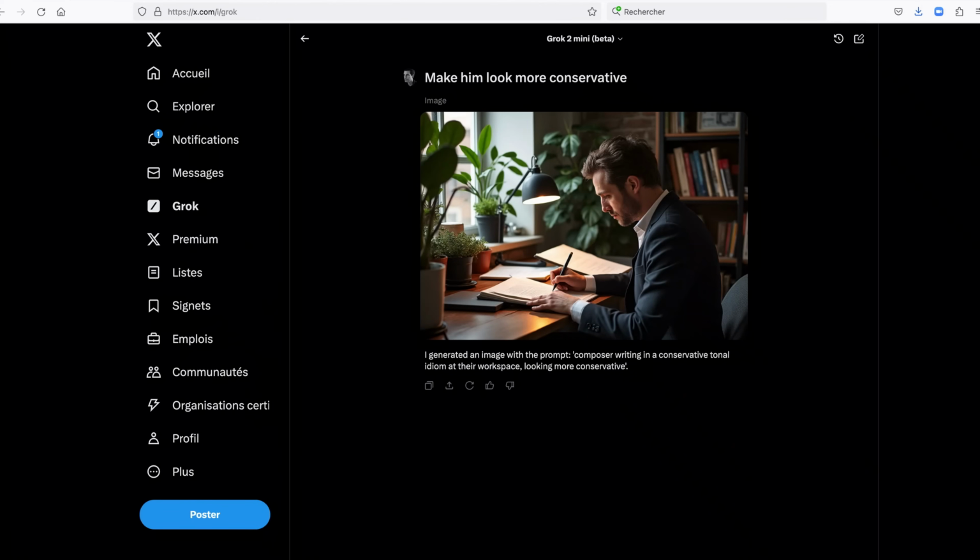So Grok has understood that a composer writing in a conservative tonal idiom would likely be wearing a suit jacket and a dress shirt, would likely be writing with a pencil or a pen instead of on a MIDI controller, and on paper at a wooden desk. Okay, so that's not bad. Okay, make it so that we can see what he is composing.